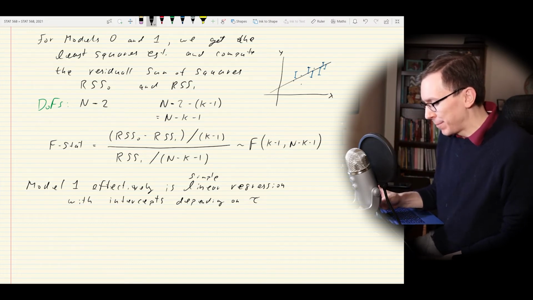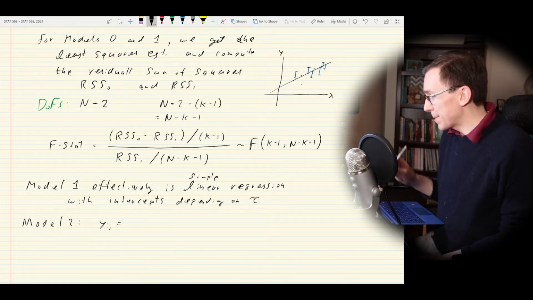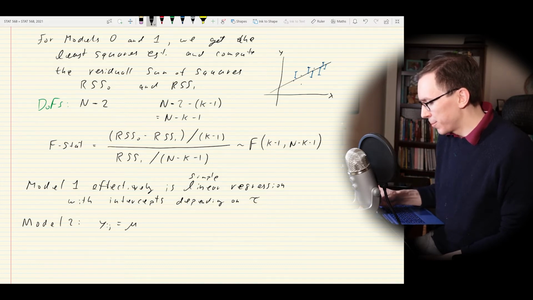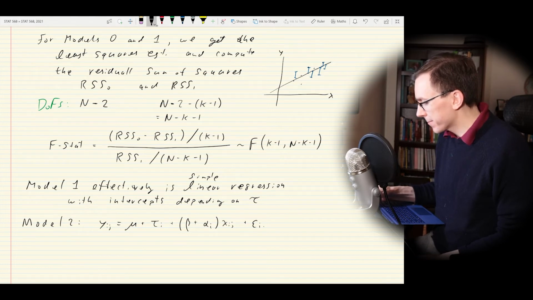But we can complicate this even more, and we can consider model 2, which is going to be the same thing as model 1, except I'm going to have one more additional parameter in here. I'm going to have a tau i as before, but now I'm going to have a beta plus alpha i, x ij, plus epsilon ij.